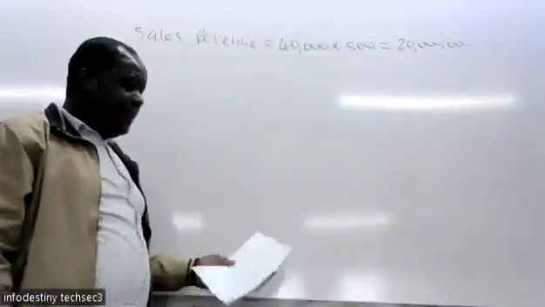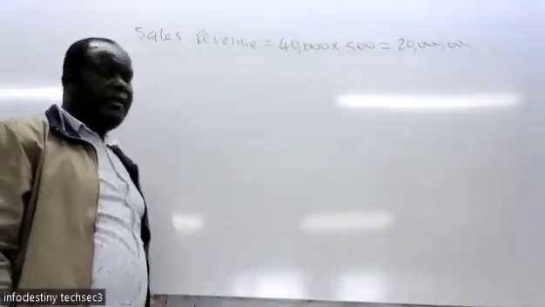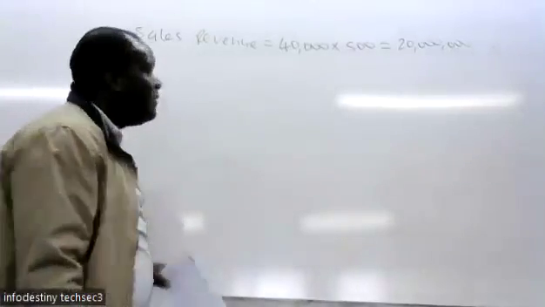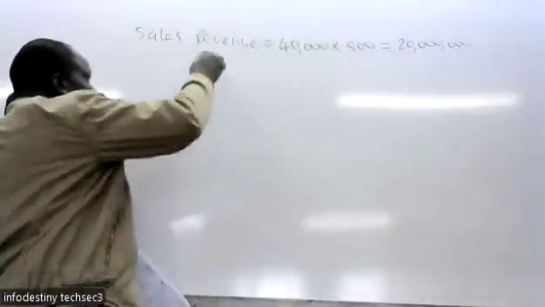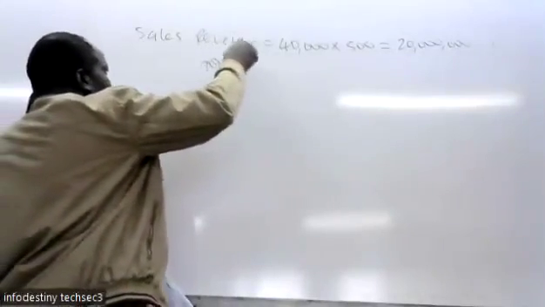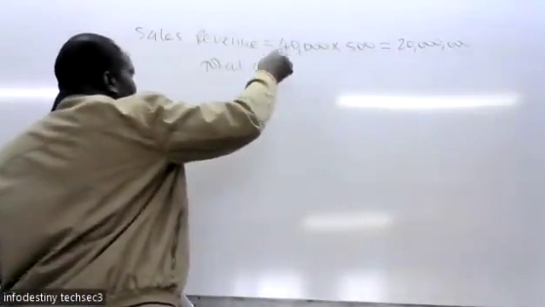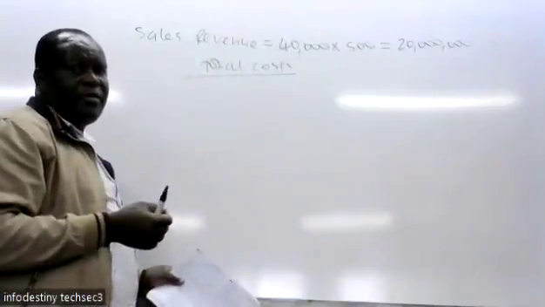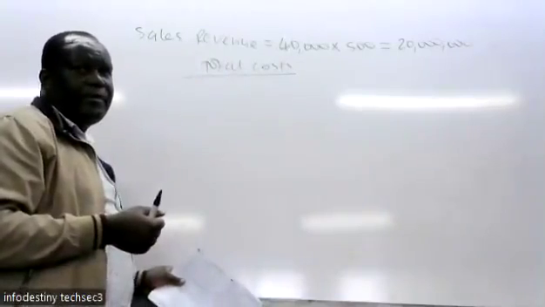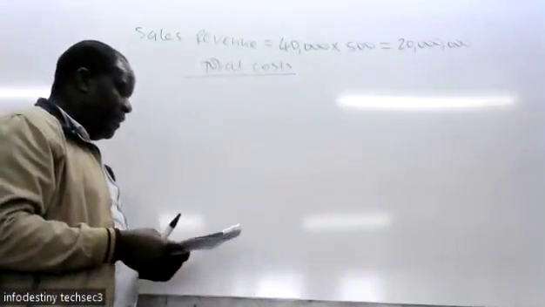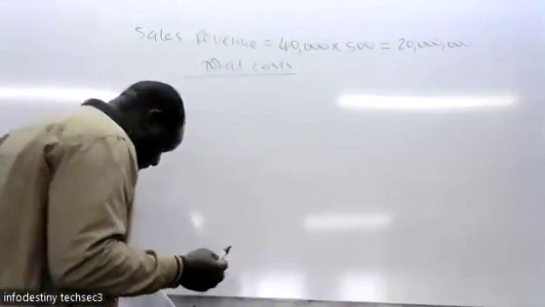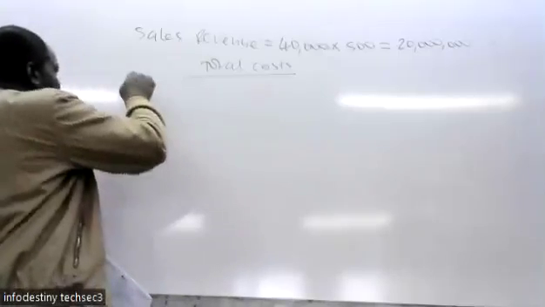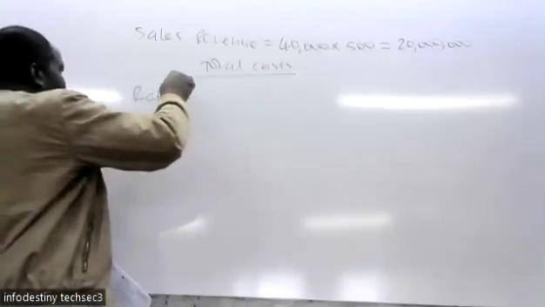The next item should now be the total cost. Under the total cost, we start off with the raw materials.